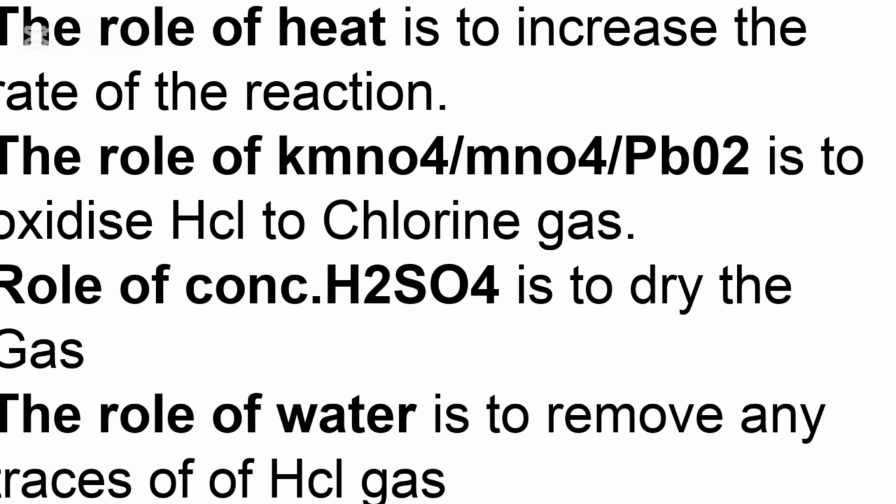The role of potassium permanganate, manganese(IV) oxide or lead(II) oxide is to oxidize the hydrochloric acid to chlorine gas, so they act as oxidizing agents. That is the setup for the preparation of chlorine gas.